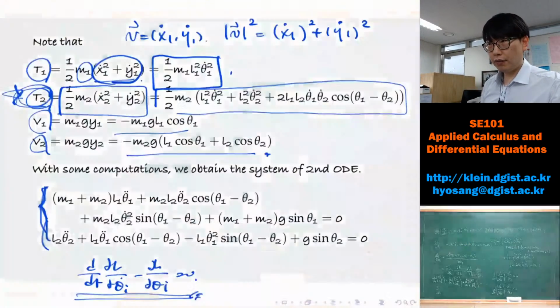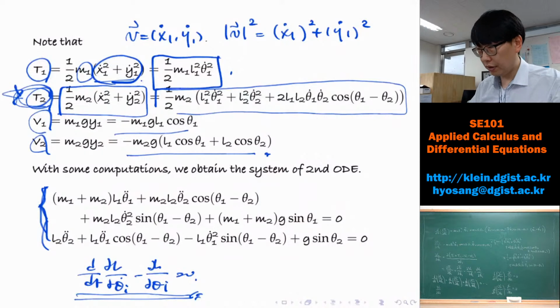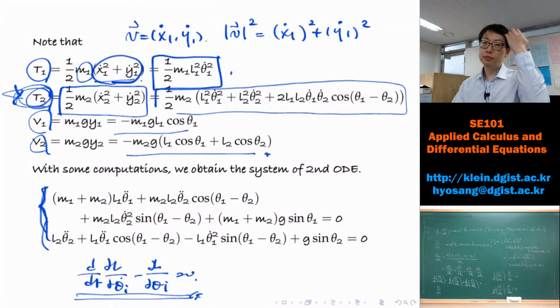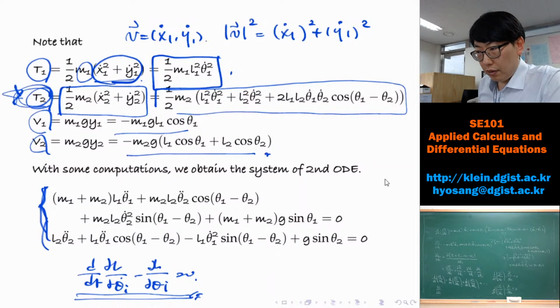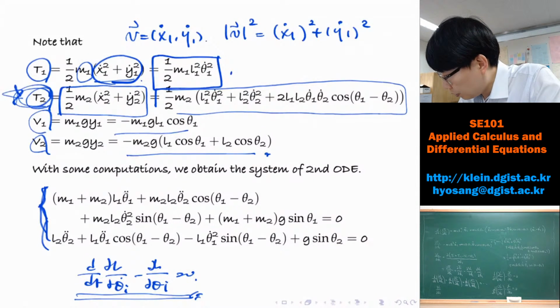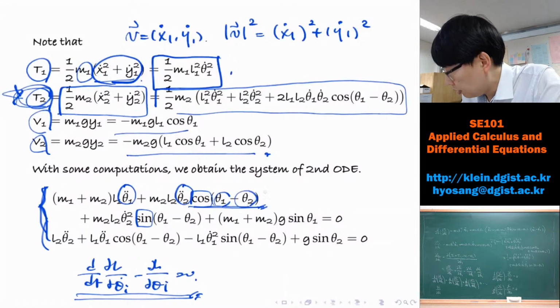And let's look at the result. Here's the result. This has a second order derivative here, and also the coefficient is not always constant. It sometimes contains the function itself, and sine and cosine are applied to the functions.